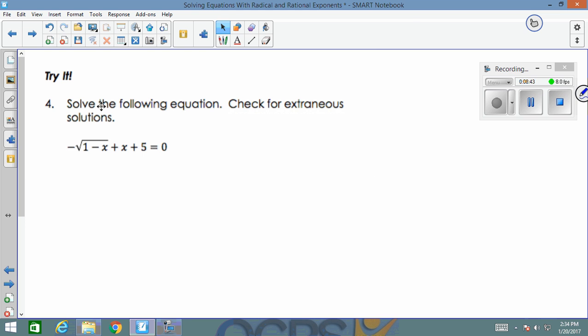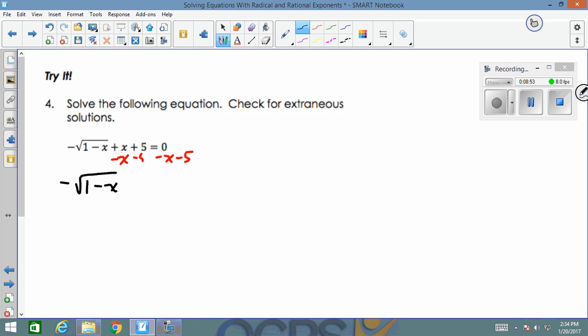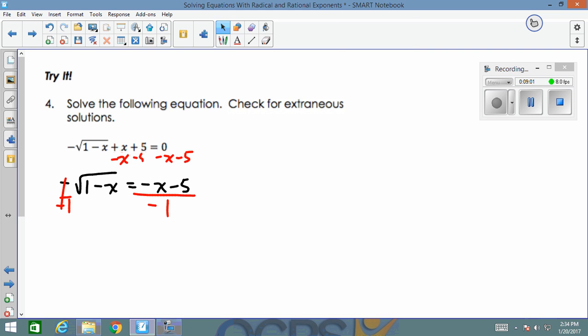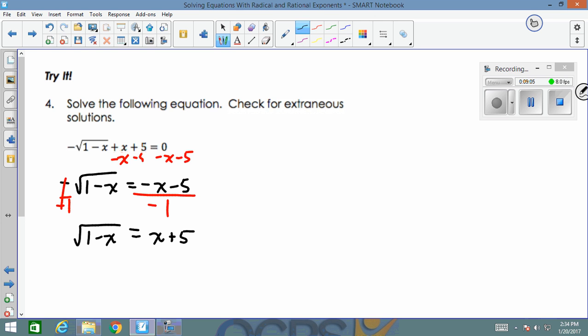Okay, move everything that's on the outside to the other side, so let's move the x and the 5. We get negative square root of 1 minus x equals negative x minus 5. Divide both sides by negative 1. We get the square root of 1 minus x equals x plus 5. Square both sides.